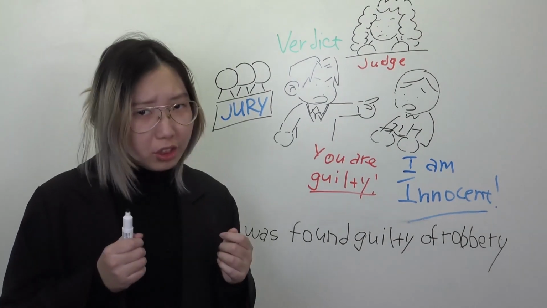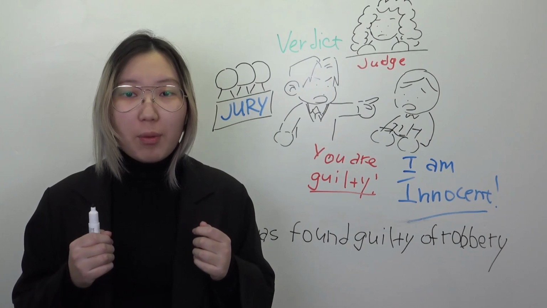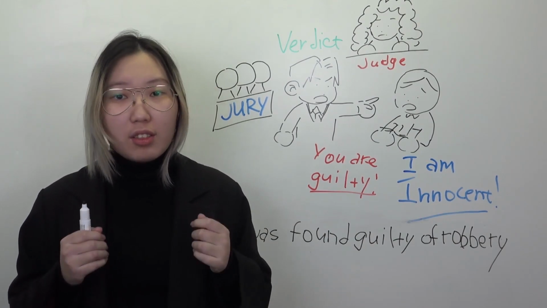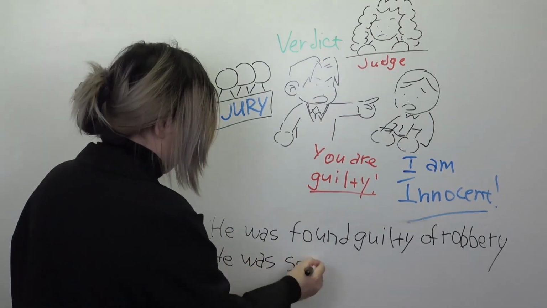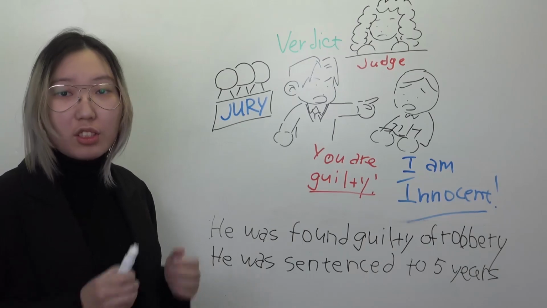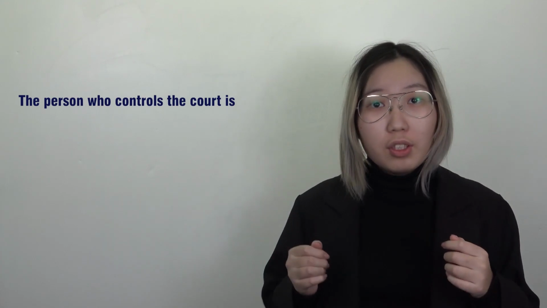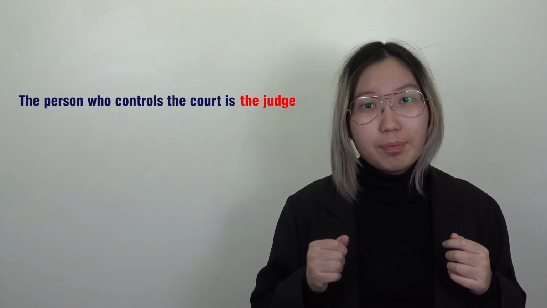So what's the punishment? We can talk about punishment with the word sentence. For example, a sentence could be, he was sentenced to 5 years. Remember the test given before? Of course, the person who controls the court is the judge.